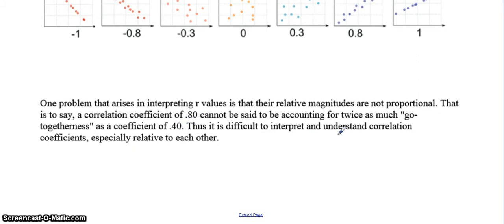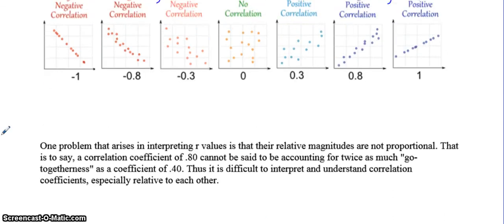It's difficult to interpret and understand correlation coefficients, especially relative to each other. The number itself doesn't exactly have a meaning. So the 0.8 doesn't mean that 80% of the points are on the line of best fit. It doesn't work that way. All you can say is 0.8 would be a relatively strong correlation, and it's stronger than a 0.3.